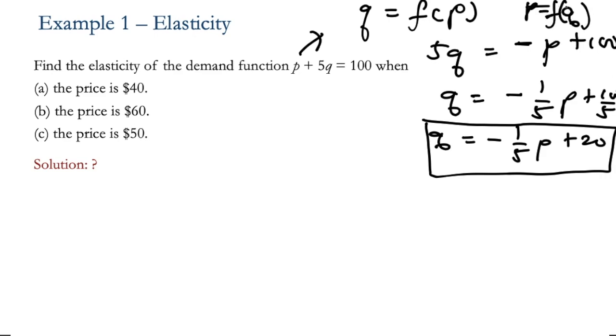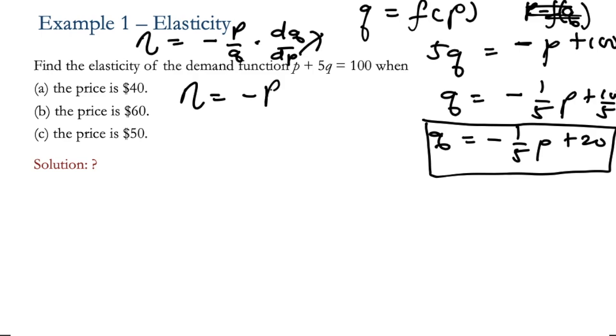But because I want to use the formula, if you can recall, eta is minus P over Q times dQ over dP, that's why I have Q on the left hand side so that I can differentiate Q with respect to P. So in this case, eta is minus P over Q times the derivative of the demand function with respect to P, so dQ over dP, and you get minus 1/5.